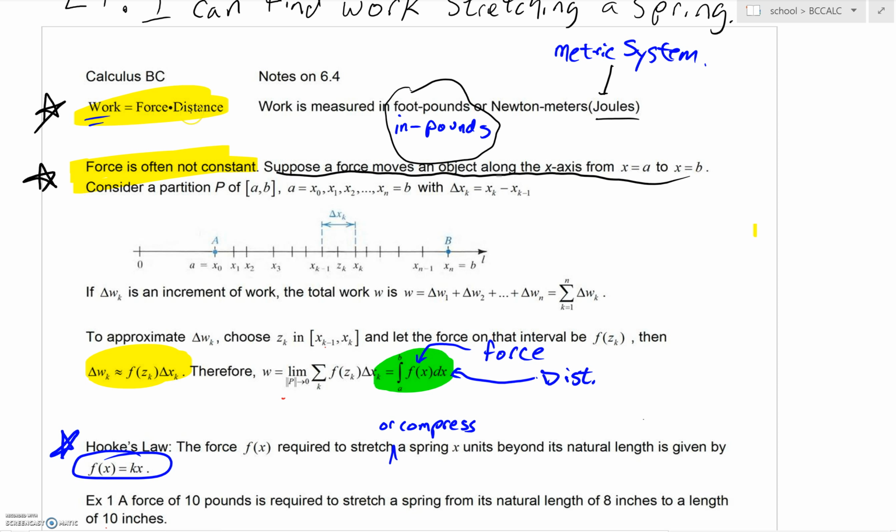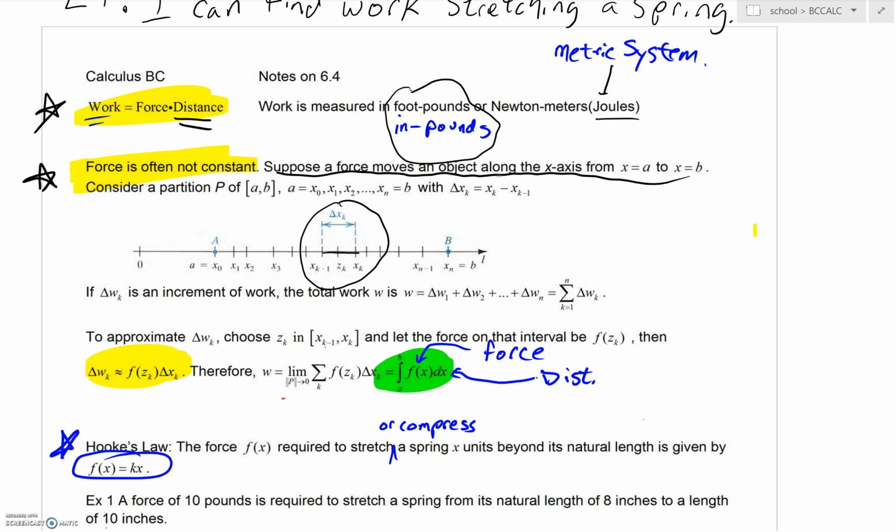Now, because force is going to get multiplied to distance, you're going to see that at any particular moment in this problem, you're only going to be using that force for a very small distance, and we're going to use delta x to represent that. Look here in the middle, you can see that we would have this little increment of work, a tiny sliver of distance.